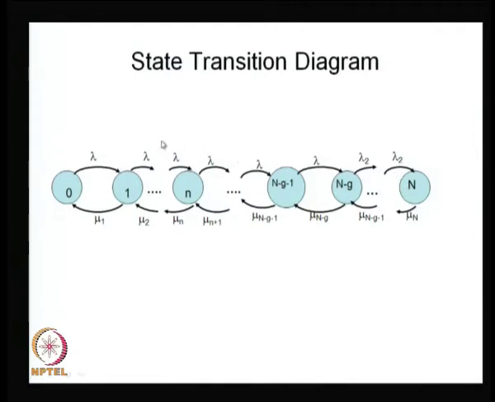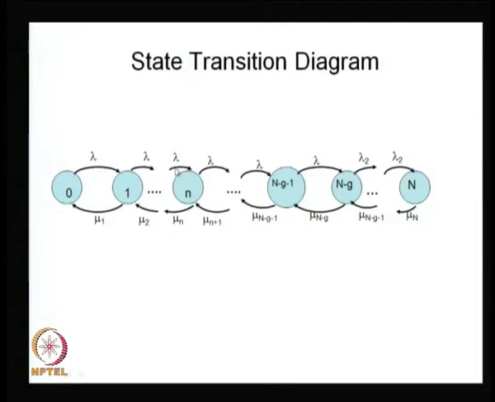If you recall, lambda 1 is the arrival rate for the new calls, and lambda 2 is the arrival rate for the handoff calls, and lambda here is lambda 1 plus lambda 2. That means whenever the number of busy channels is from 0 to n minus g minus 1, both new calls as well as handoff calls are allowed into the system.